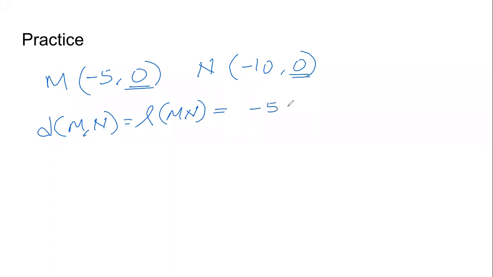So minus 5 minus minus 10 will be minus 5 plus 10, which is 5. Distance can never be negative. Aman, Sahil, distance can never be negative. 5 is the correct answer.